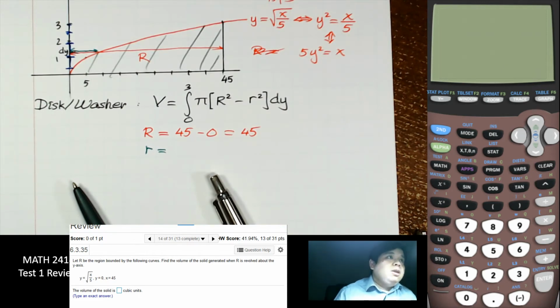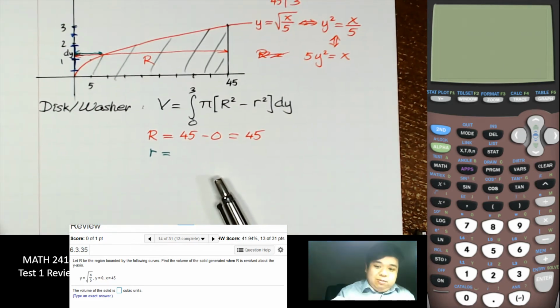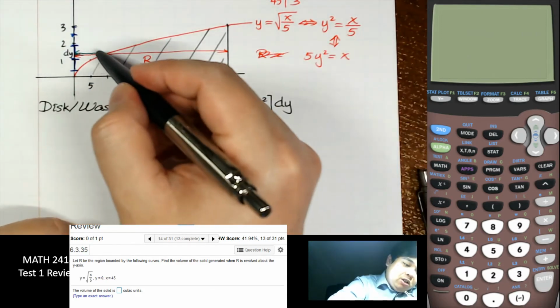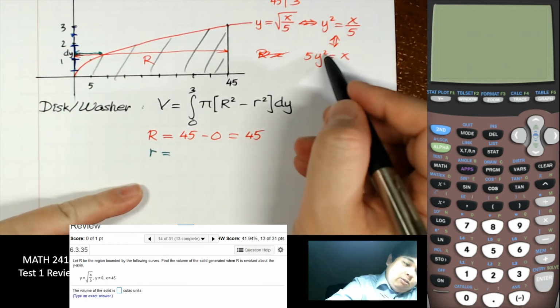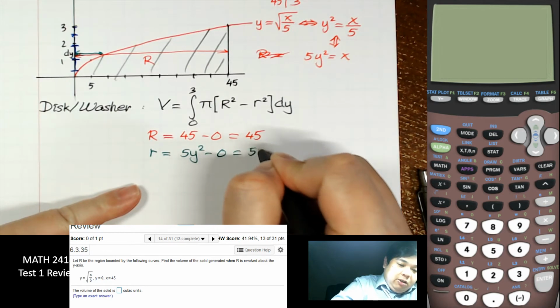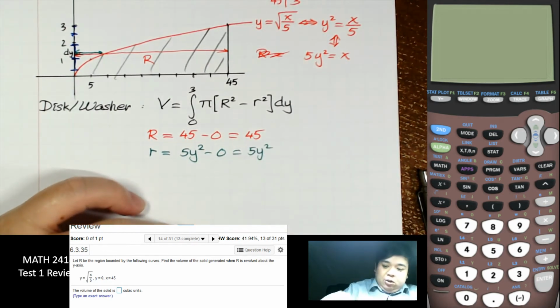Right. Looks like it works. So the function on the right minus the function on the left in terms of y, so 5y squared minus 0, 5y squared. So those are the radii.